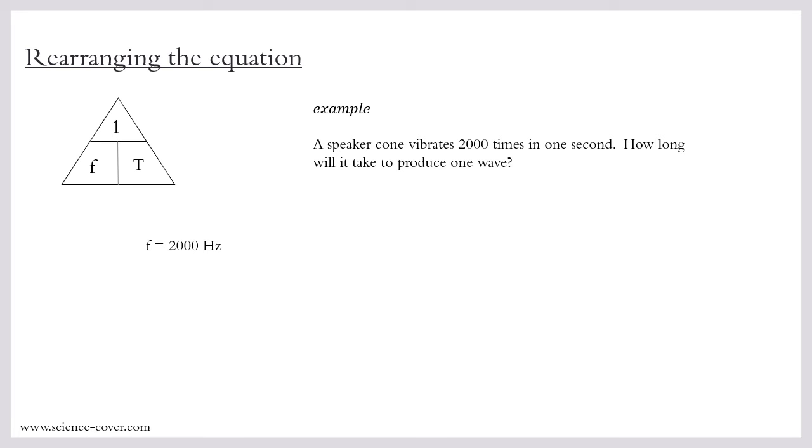So to calculate how long it takes to produce one wave, I need to find the time period. The time period is 1 divided by the frequency. So this is 1 divided by 2,000. 1 divided by 2,000 gives me 0.0005. So it takes 0.0005 seconds to produce one wave.